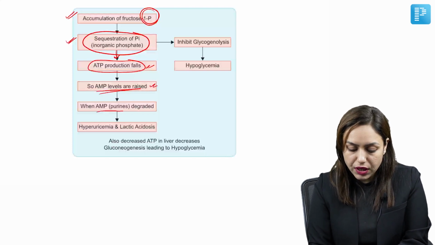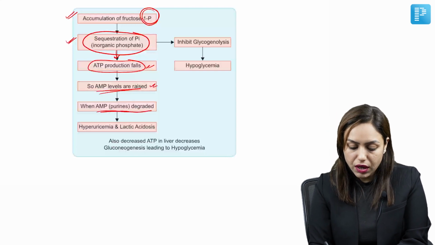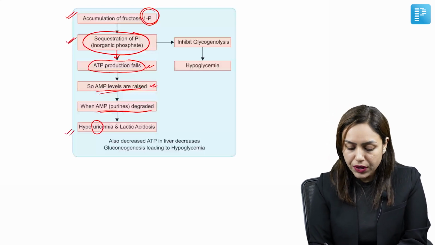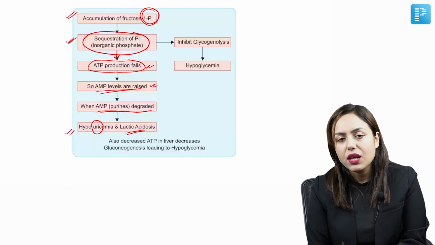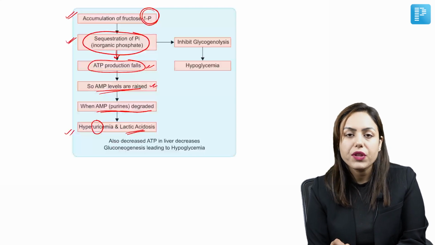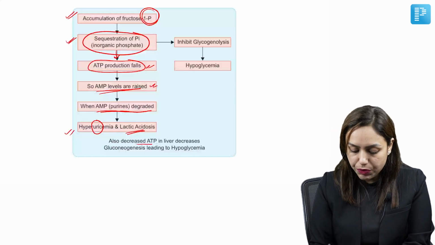When AMP is raised, the excess AMP will be degraded, leading to the formation of uric acid. So patients have hyperuricemia. And whenever patients have hyperuricemia, this will lead to lactic acidosis, because lactic acid and uric acid compete with each other for excretion by the kidneys, right? And also there is decreased ATP in the liver.